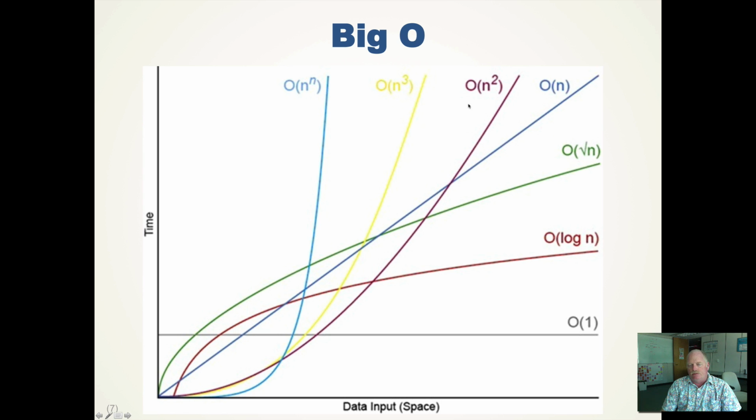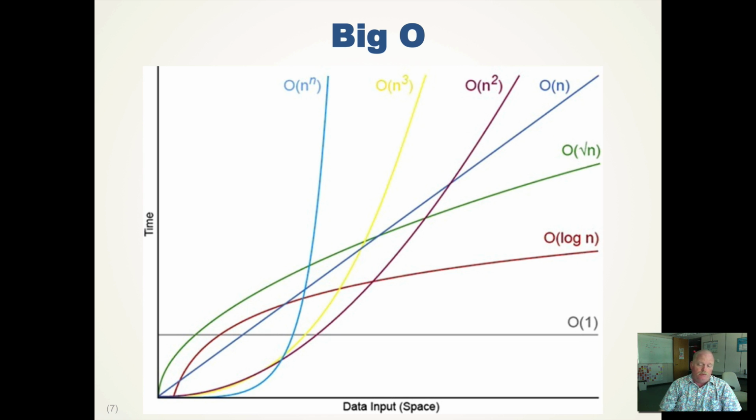In a little worse case, you have n squared, like our double loop one. As n gets larger, the amount of time is growing in a quadratic form, n squared, or even worse, n cubed, so it's going to grow quicker than n squared.